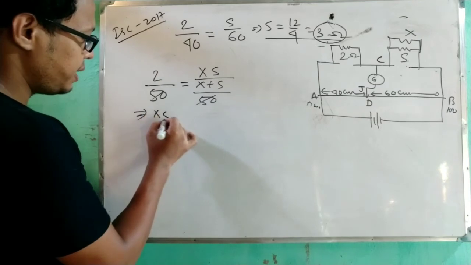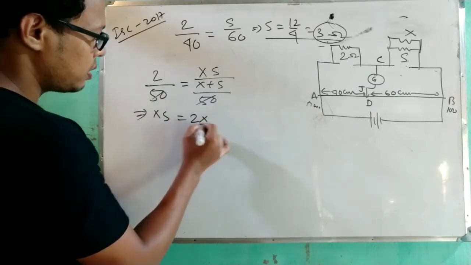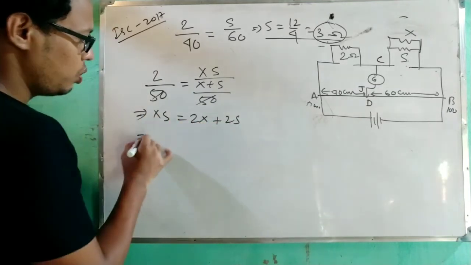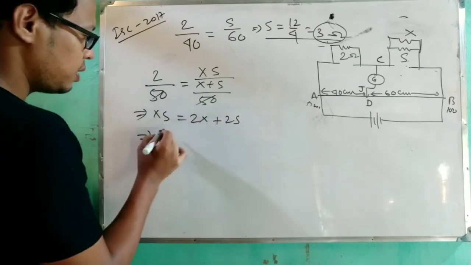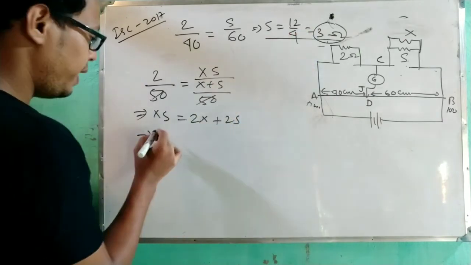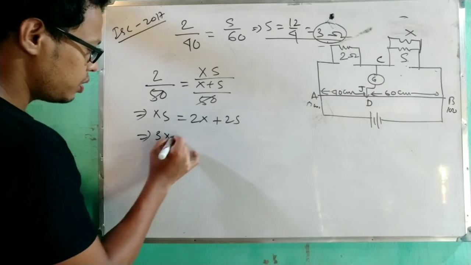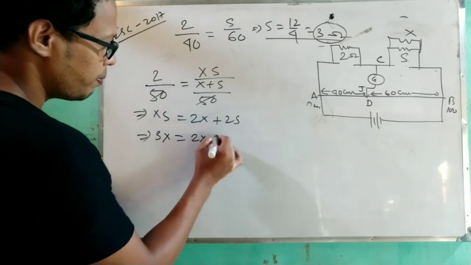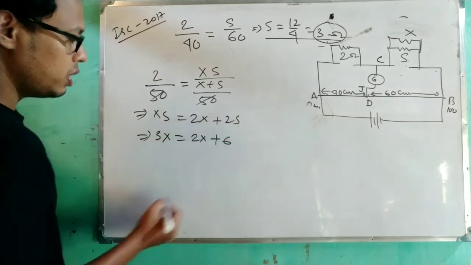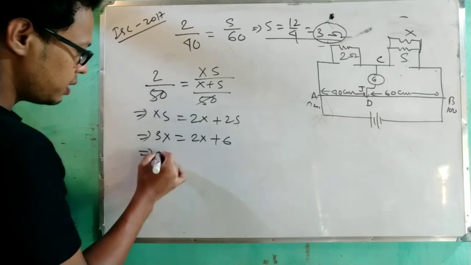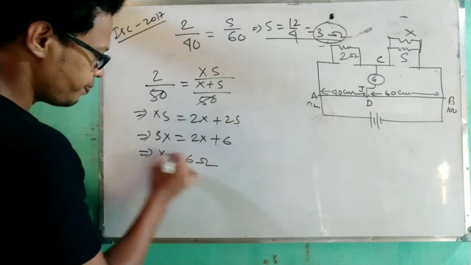So XS divided by 2X plus 2S. We need to find the value of X. Put the value of S over here. So this is 3X equals 2X plus 6, because S is 3. So 3X minus 2X, X equals 6 ohm.